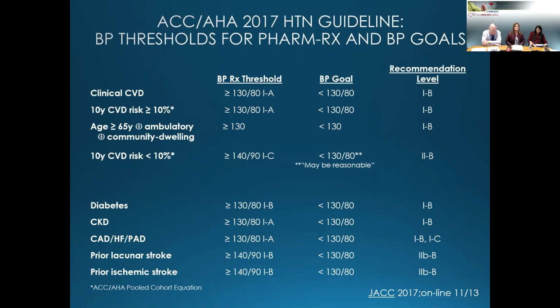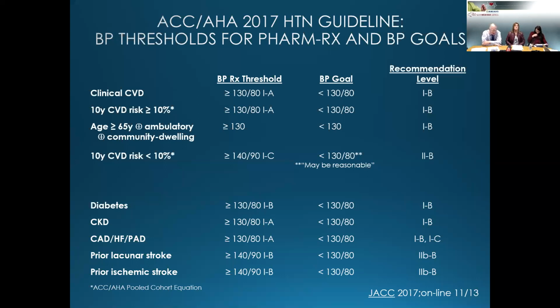As you see, patients with cardiovascular disease or a calculated 10-year cardiovascular risk of 10% or higher, or age 65 and over if they are ambulatory and community dwelling, or if they have diabetes or chronic kidney disease, all of those patient groups should receive drug therapy if blood pressure is 130/80 or higher, and they should be treated to a blood pressure lower than 130/80 millimeters of mercury.